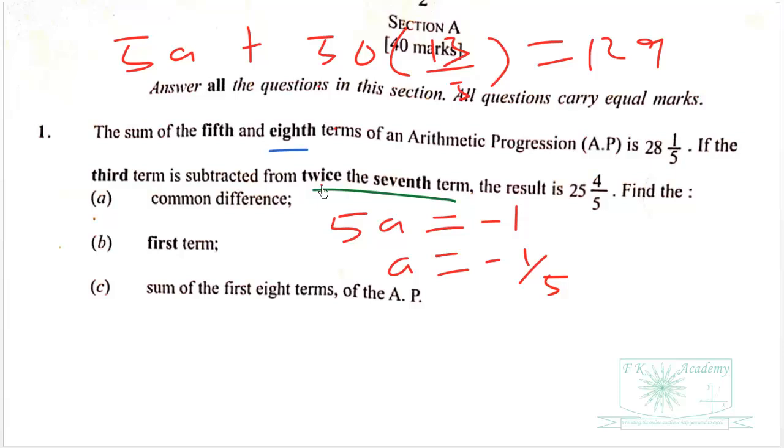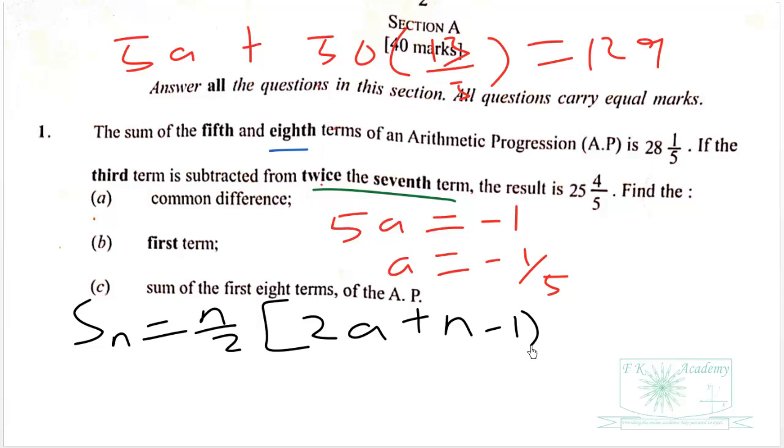Now we have to find the sum of the first 8 terms. Recall that the sum of the first n terms is given by n over 2 into bracket 2a plus (n minus 1)d.